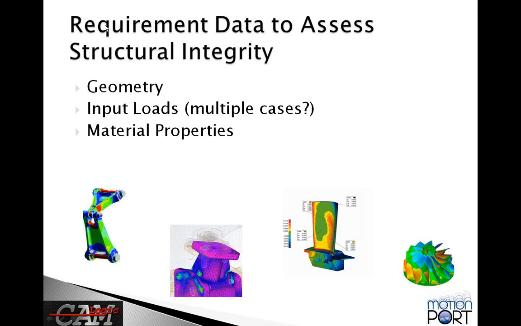And the third item that's needed as input is material properties. That would be basic modulus of elasticity for a given material, Poisson's ratio, and yield stress are all things that you would want to know in order to be prepared to do this assessment.